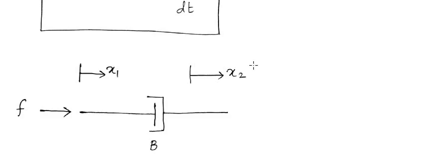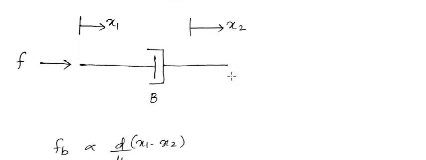Okay, so in this case we can write the opposing force Fb directly proportional to d by dt of x1 minus x2. So in the previous case there was only one displacement, so we wrote Fb directly proportional to d by dt of x. But here, since two displacements are there, we can write the opposing force Fb directly proportional to d by dt of x1 minus x2.